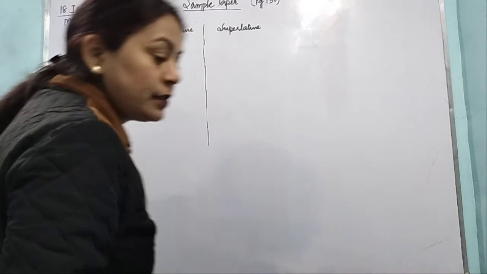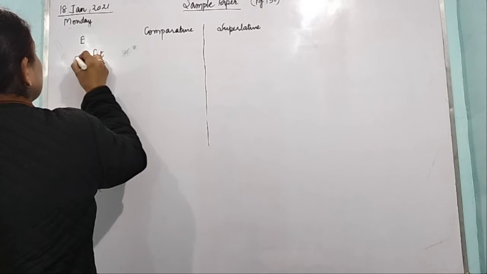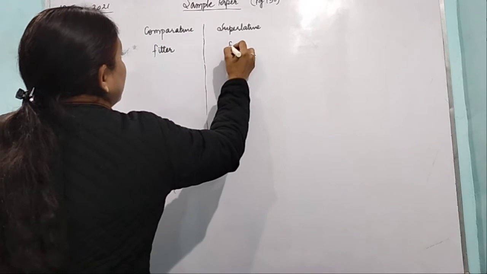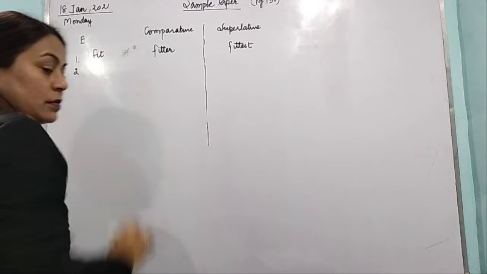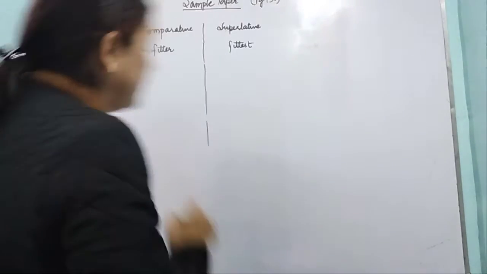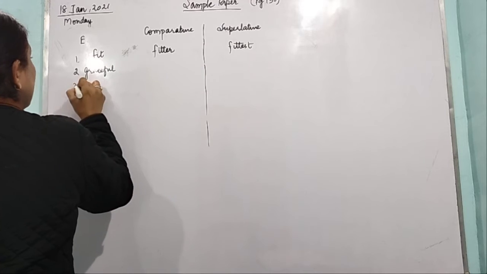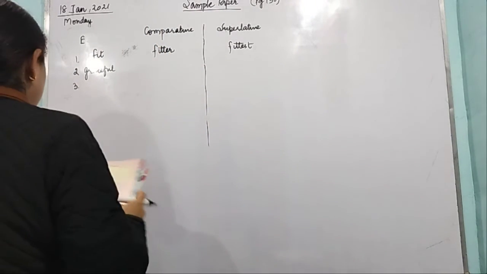So here the word is fit. Fitter. Fittest. Second is graceful. First of all, we will write down all the words, then we will do it. Okay. So third word is delicious.